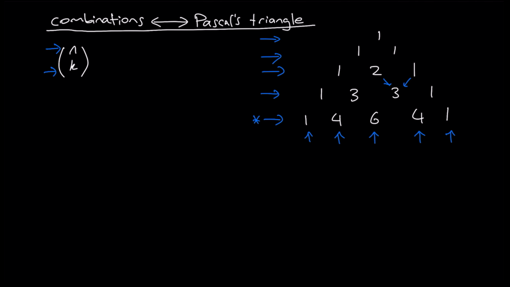And let's say I want to specify this number, so I need two numbers to specify its location. So already there's a bit of a connection here, because combinations are a quantity defined by two natural numbers, and every number in Pascal's triangle structure requires two numbers to be described.